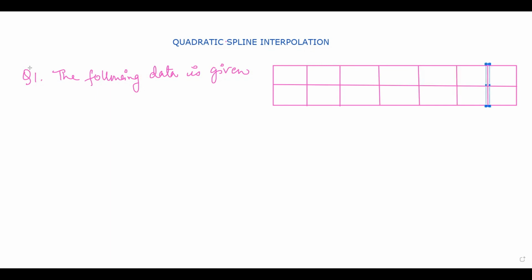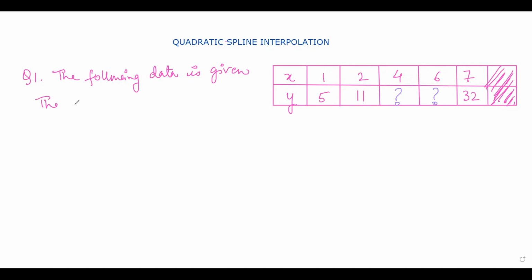I have here x and y values. The x values are 1, 2, 4, 6, 7, and the y values that I have are 5, 11, and 32. What you need to find out here are the unknown values. They are not given to you.